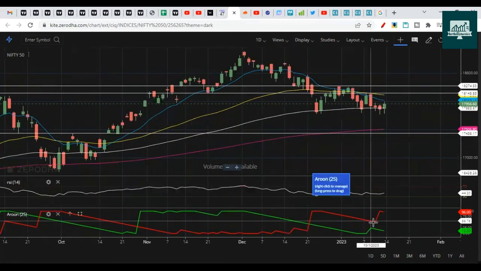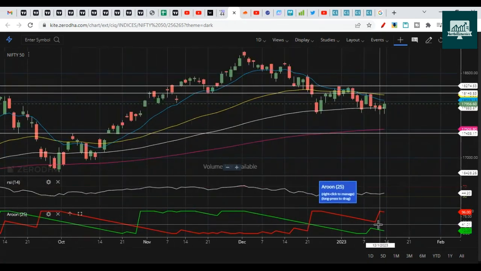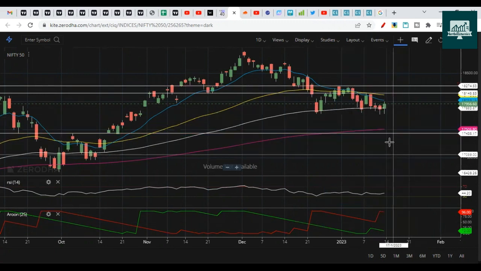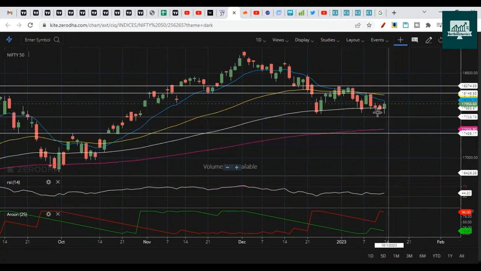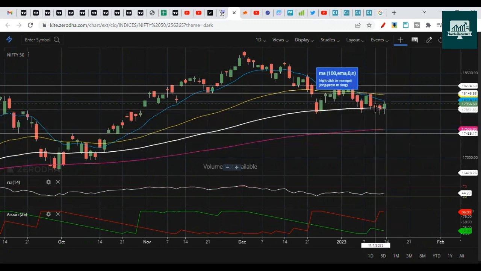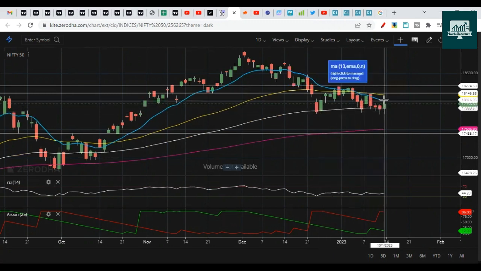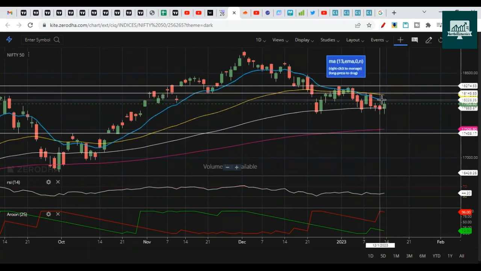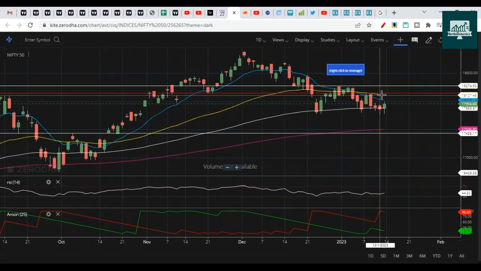So now I'm more confident that as Aroon turned completely bearish, there is a chance that it will drop towards the 200 EMA or even beyond that. The pink line is the 200 EMA, the 100 EMA is the white line where it is taking support consistently many times, this blue line is the 13 EMA and this yellow line is the 48 EMA.